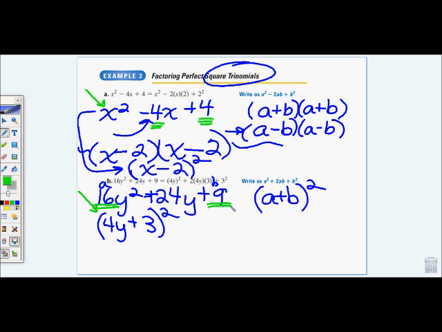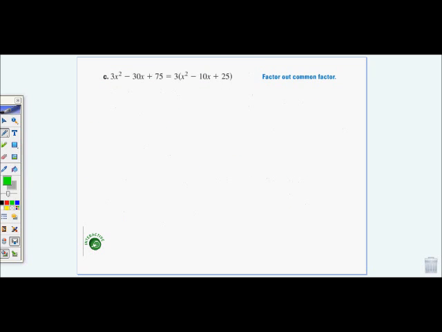All right, I'm going to stick with just the last one because it has something to do with that as well. So letter C is 3x squared minus 30x plus 75. All right? Do those have perfect squares in them? This one right away should get you.